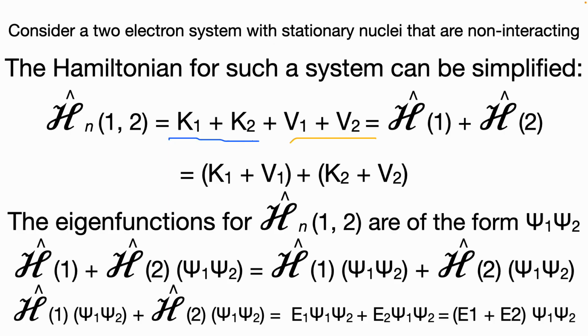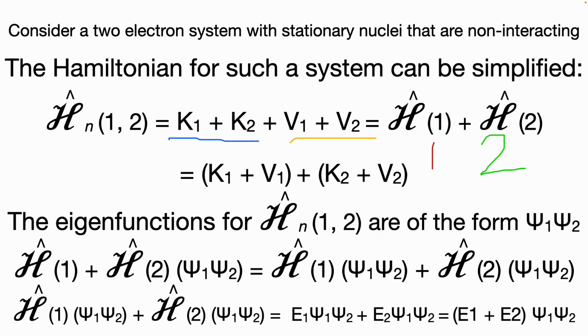Regrouping the terms, what we can do is to construct component Hamiltonians that take care of electron 1 and electron 2 separately.